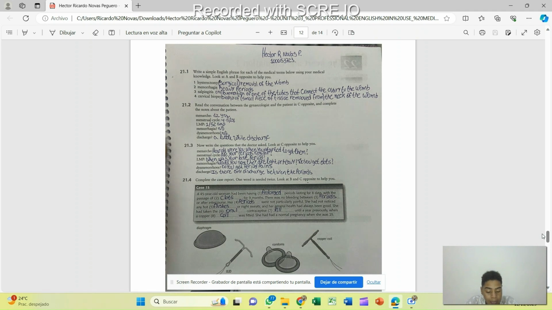and her general health had always been good. She had taken the oral contraceptive pill until a year previously, when Cooper coil was fitted.